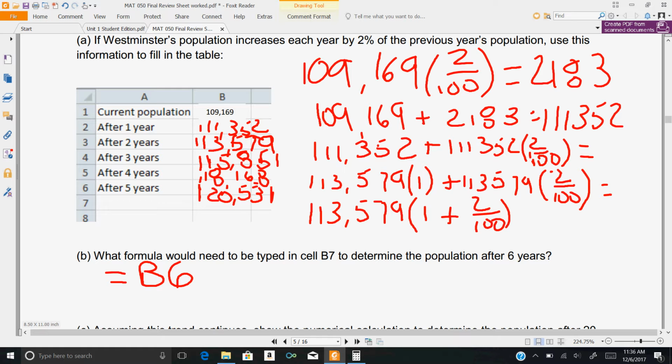The equal sign says make this cell equal to the answer to this calculation. The calculation I want to do is cell B6 times, and in Excel we always have to put a star. You can't just put things next to each other. We always have to put a star, times 1.02.